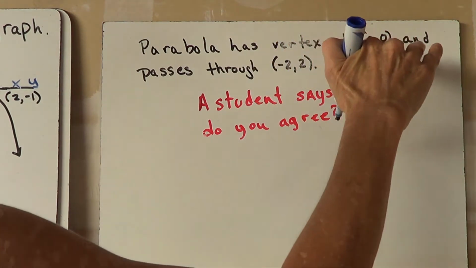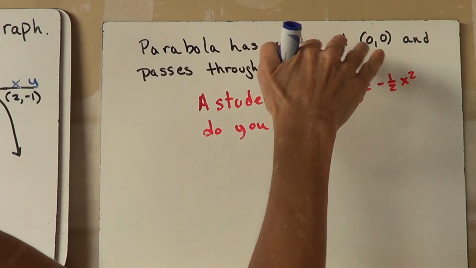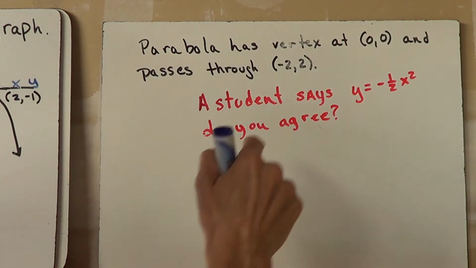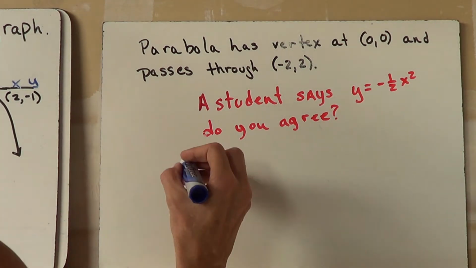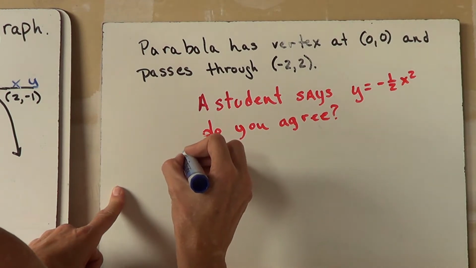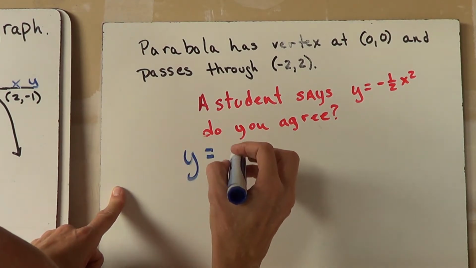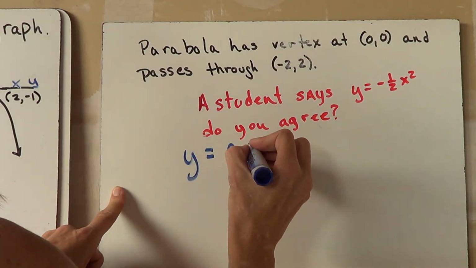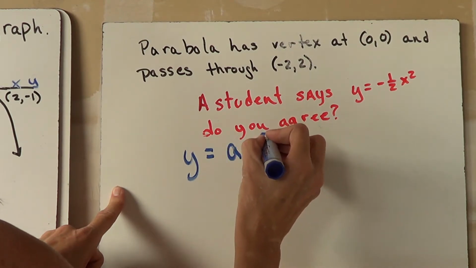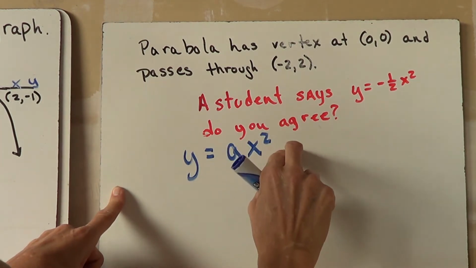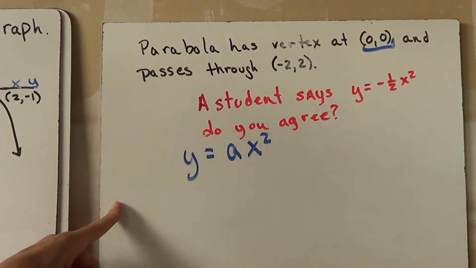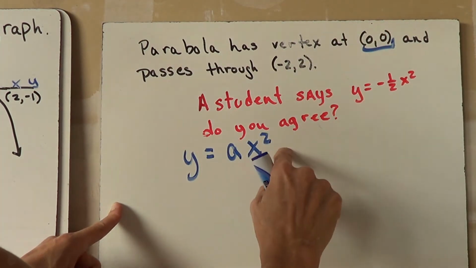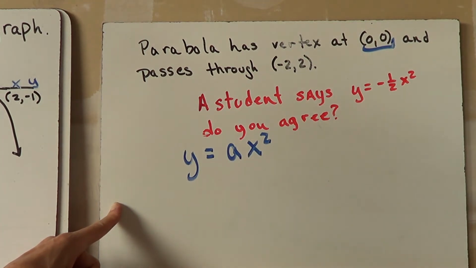A parabola has a vertex at 0, 0 and passes through -2, 2. A student says, this is the graph. Do you agree? Well, let's go to our formula. We have y equals a x squared. We know that it doesn't have an h or k because they gave us the vertex. You should always ask yourself, why would they give me that? That's because there's no h or k.